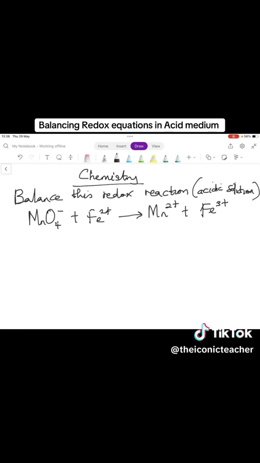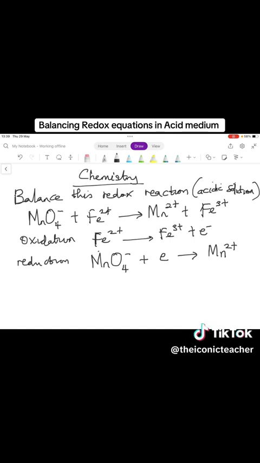The manganese ion is being reduced. So for the reduction part, to determine how many electrons it is gaining, we need to determine the oxidation state of manganese in this compound.